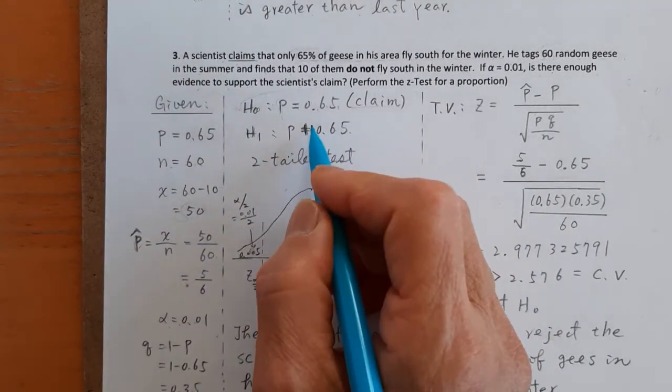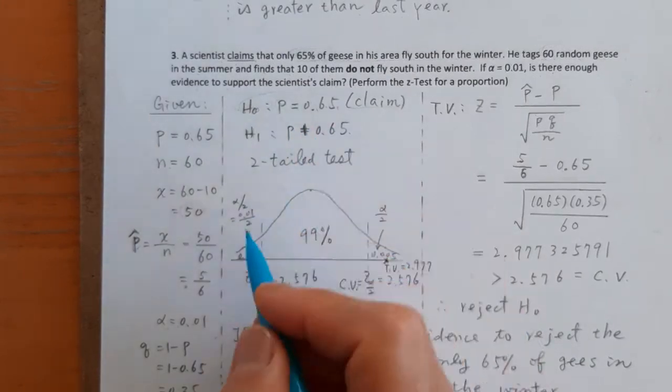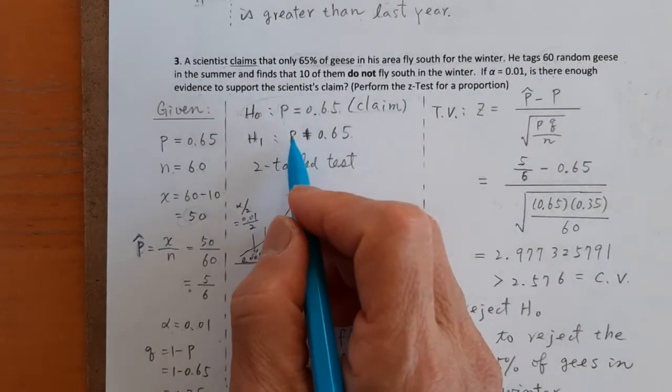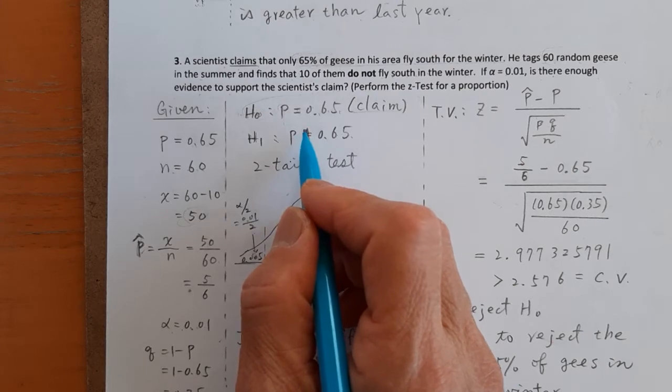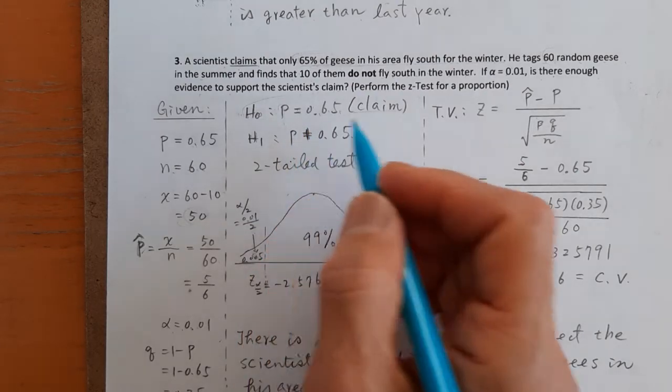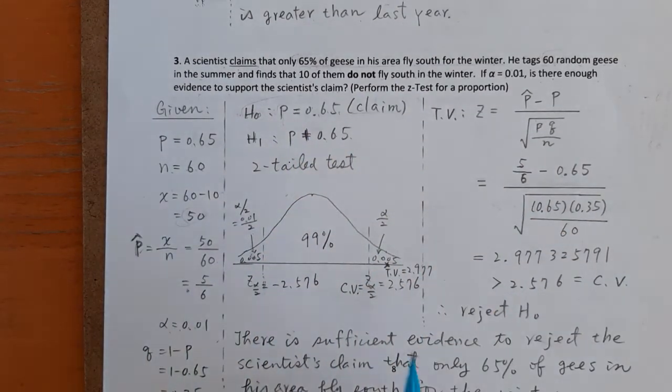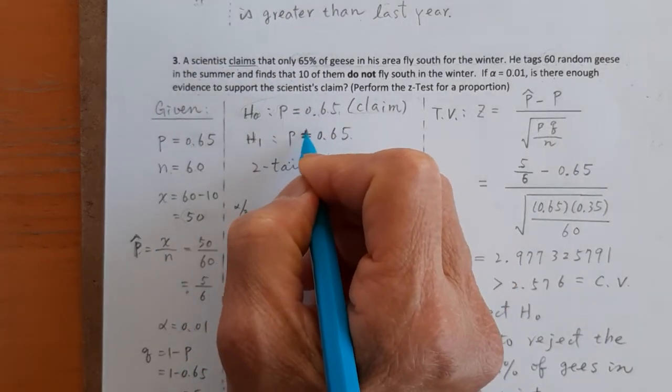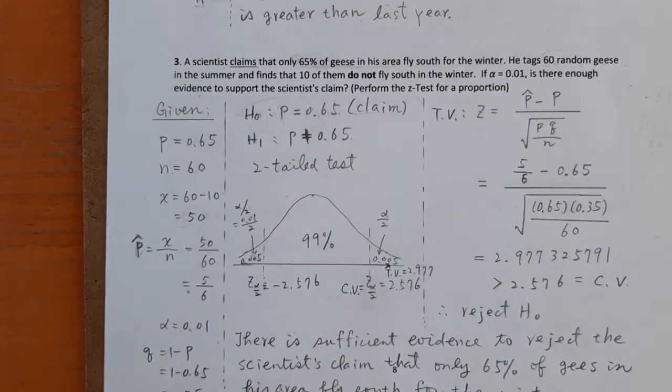If H1 is less than, that's a left tail test. If H1 has a greater than sign, that's a right tail test. So this is not equal, it's a two-tail test.